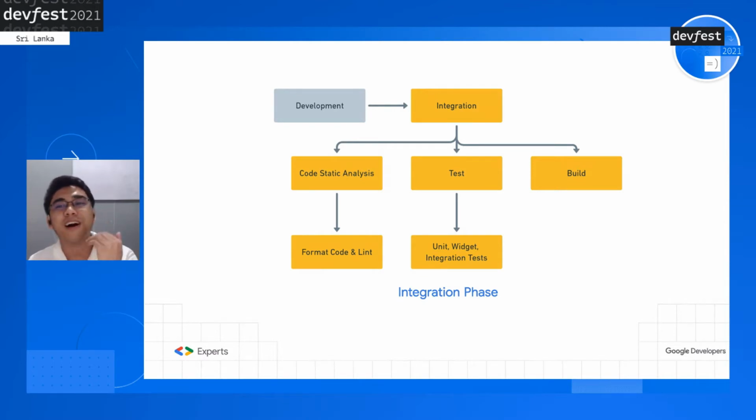But there's a lot going on here, and if you frame it within, for example, a team of 5 developers, 1 PM, and 1 QA, there's just a lot of manual process involved if each developer has to individually run code static analysis, testing, and building. Most especially for building, because "it works on my machine" is not something that you want to say. You don't want to be the reason why a build is not working on another device.